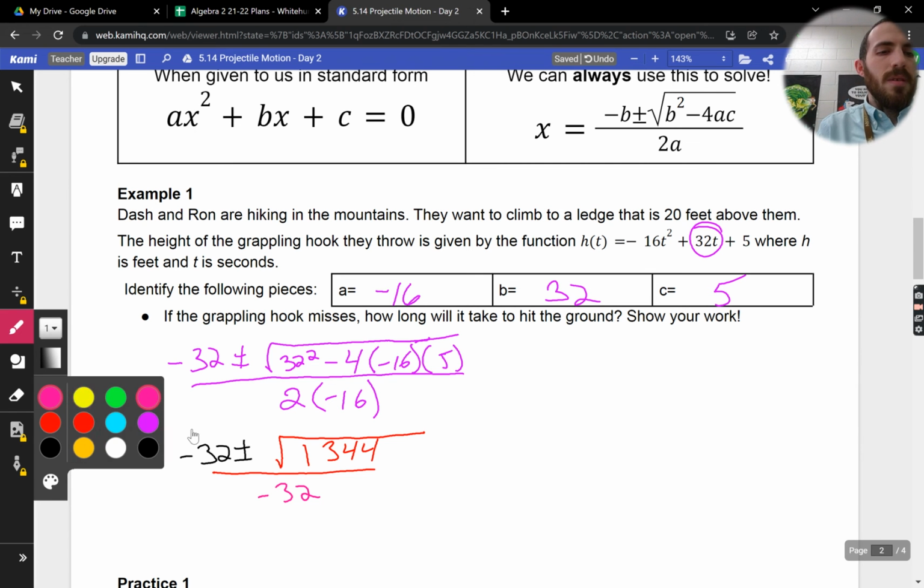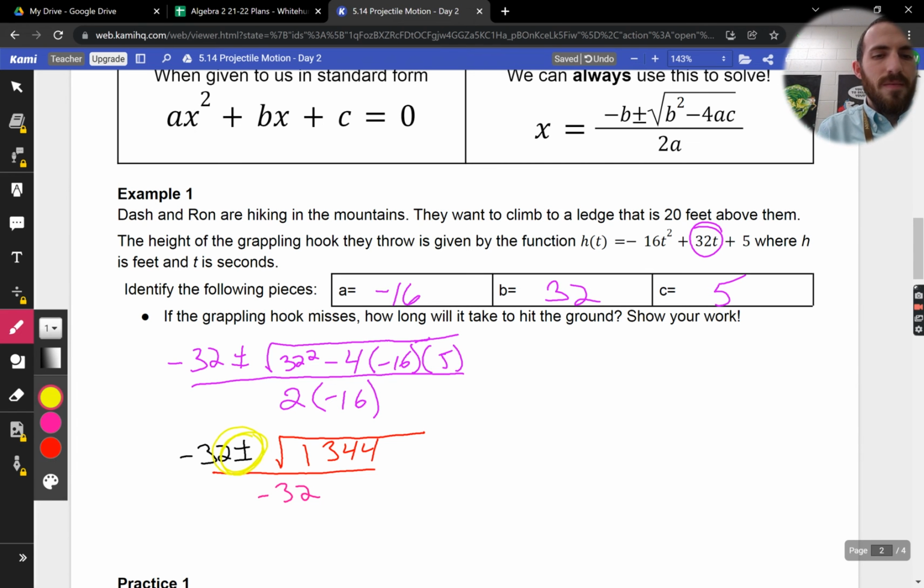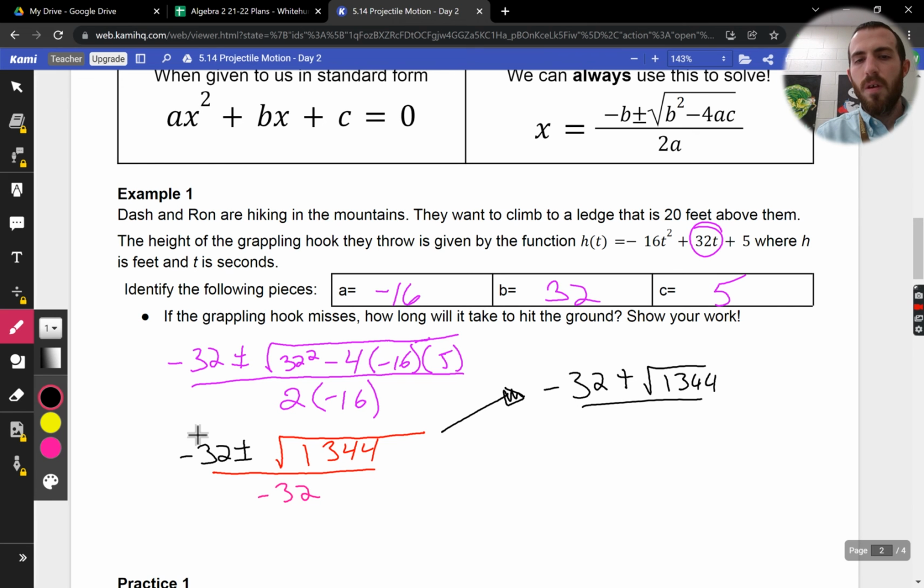What this plus minus sign means, right here, is that we're going to have to split this off into 2 separate solutions. So we're going to have one solution that's going to look like this: negative 32 plus the square root of 1344 over negative 32.